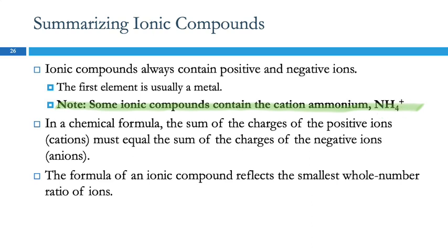So ionic compounds start with a metal or with ammonium. When we write those chemical formulas, all of the charges have to add up to 0. The negative charges have to equal the positive charges. And the formula is going to represent the smallest whole number ratio. It's going to be an empirical formula.